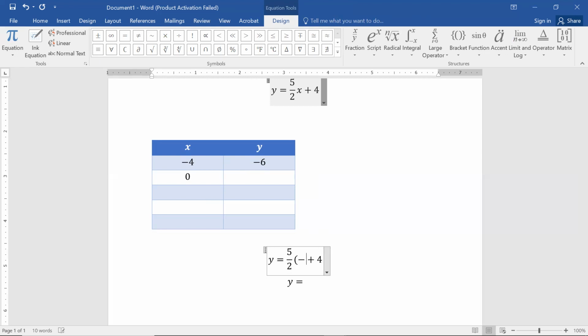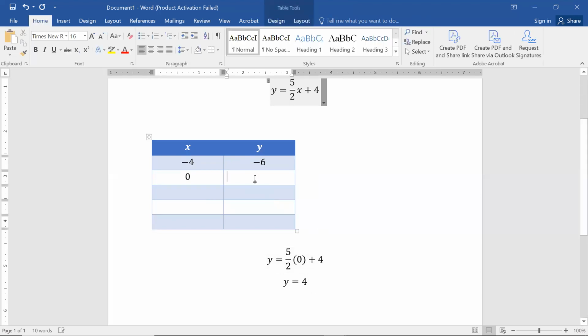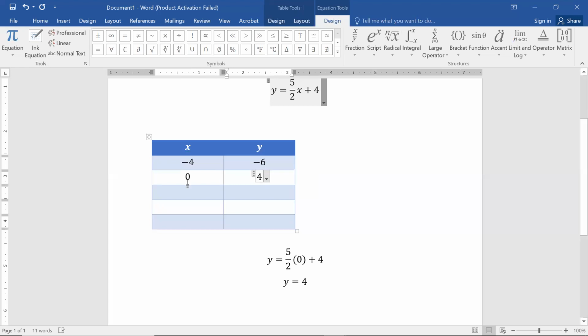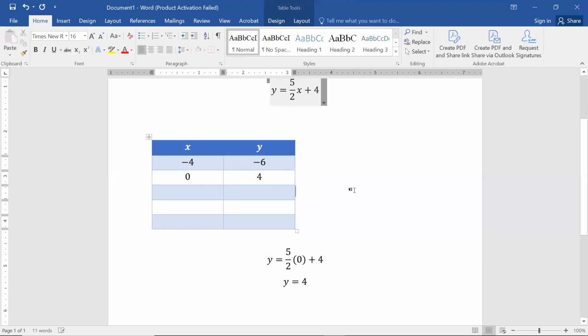For instance, if I plugged in a -4, I can simply type into my calculator 5/2 times -4 plus 4 and get a y value of -6. If I plug in an x value of 0, I get a y value of 4. Again, that's a very quick and easy process. That means this line goes through the point 0, 4.